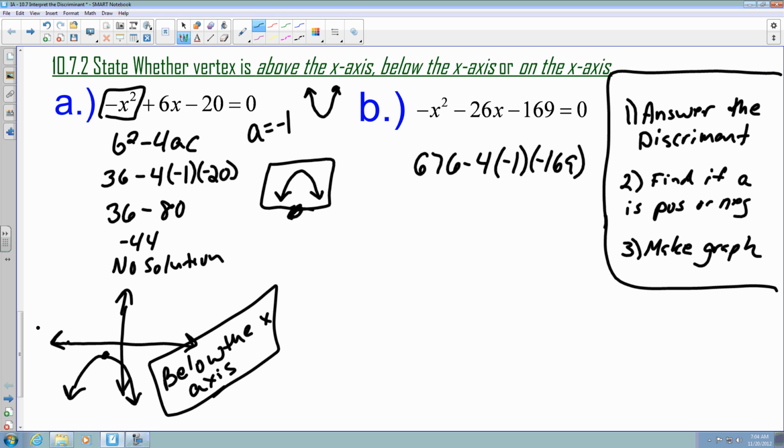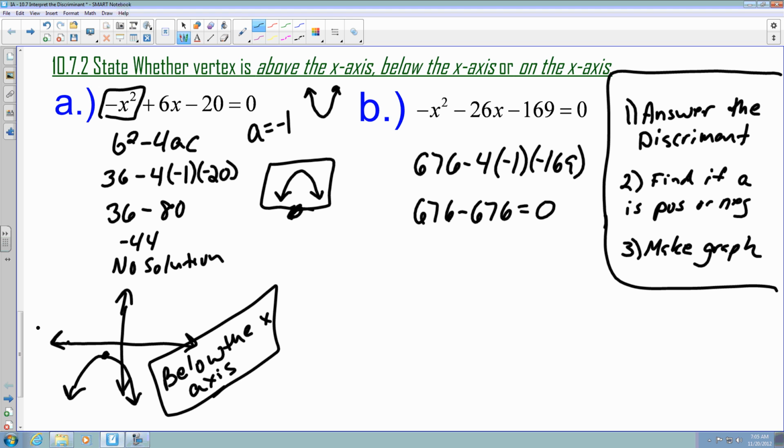So negative 169 times a negative 1 is a positive 169. 169 times 4 ends up being 676, so it's 676 minus 676, which equals 0.